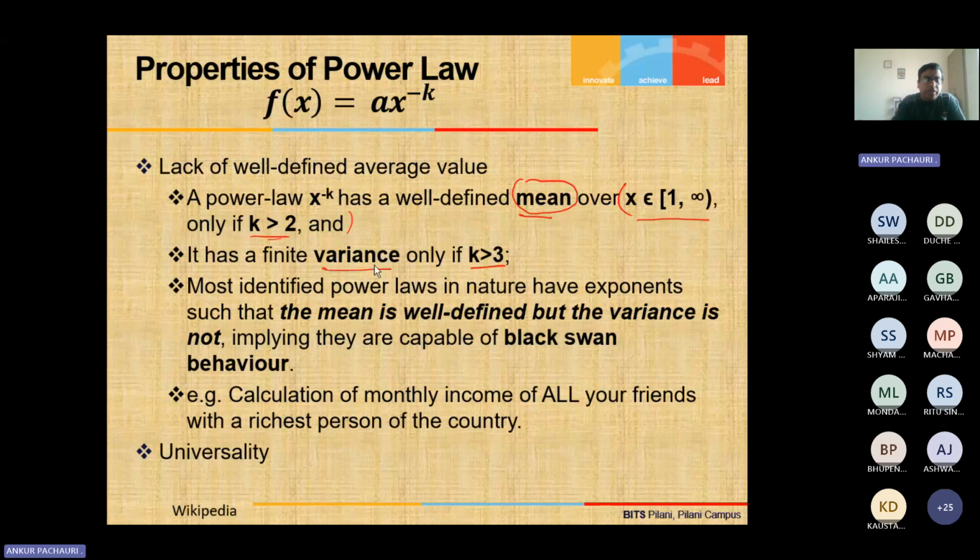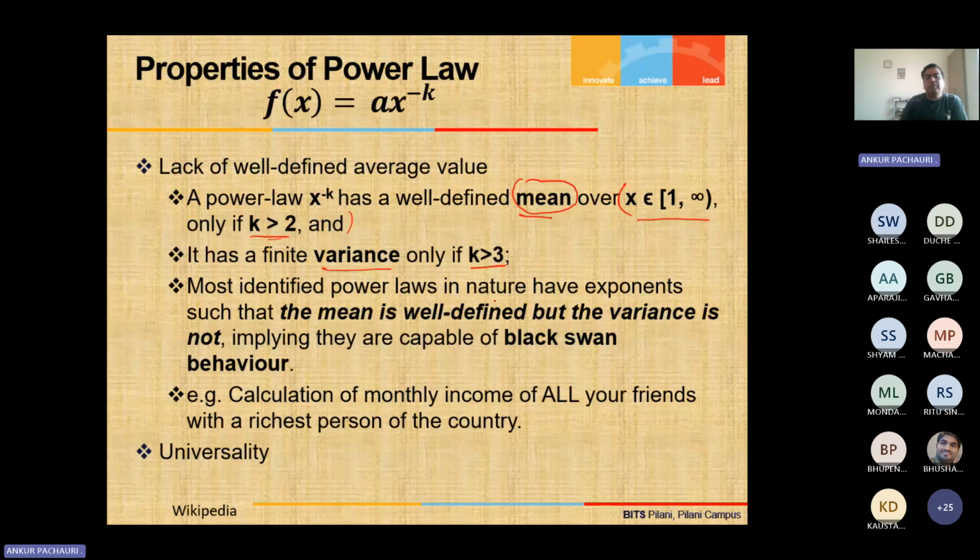If k is between 2 and 3, it will have only a mean but no variance. But if k is greater than 3, suppose k equals 4, then the power law will have a mean as well as a variance.